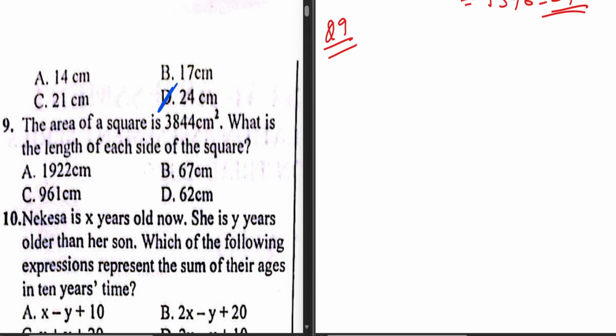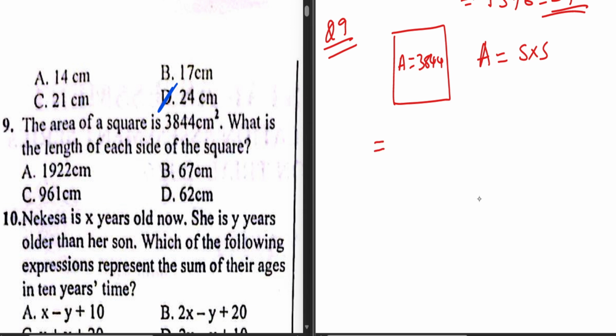The area of a square is 3,844 centimeters square. What is the length of each side of the square? So remember, area of a square is given by side times side.